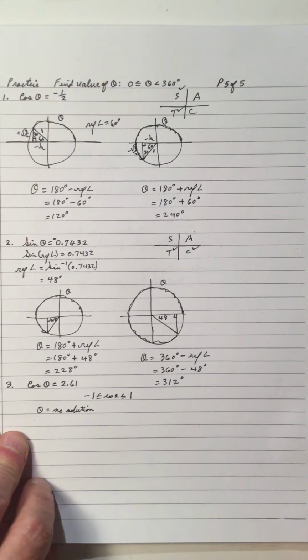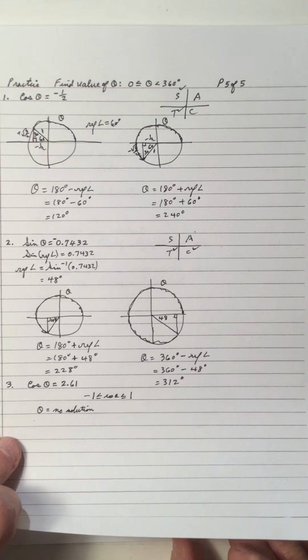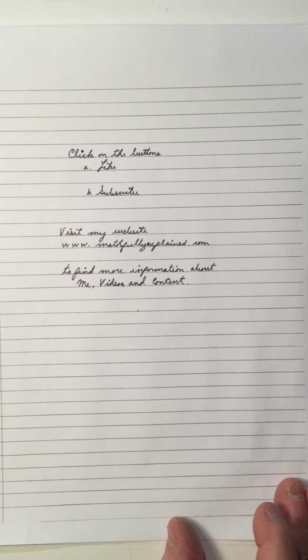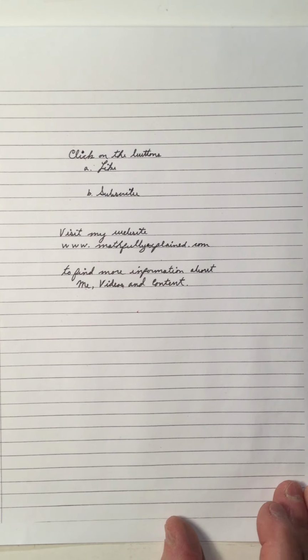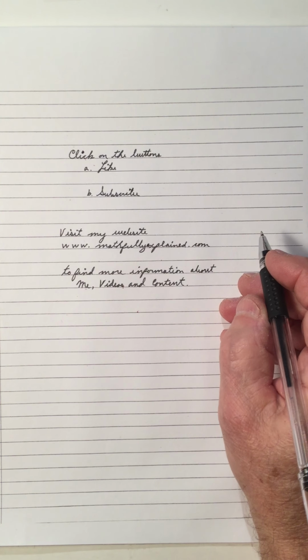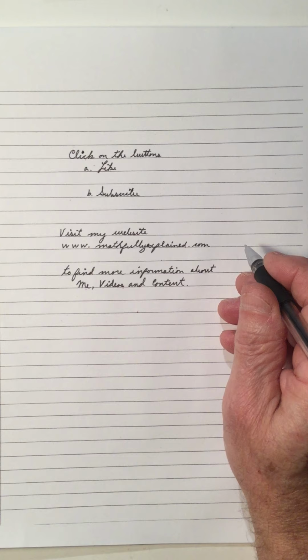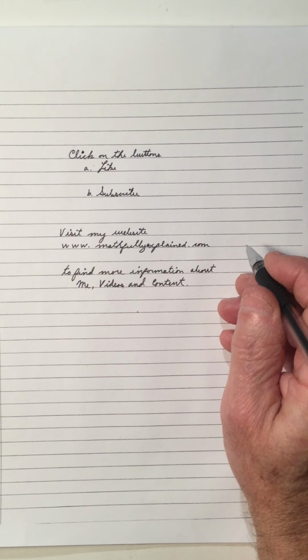So hopefully you understand how to pick up the values of sine and cos into different quadrants when you're given the measure of a half, plus or minus root 2 over 2, plus or minus root 3 over 2, or if you got another decimal, use your calculator.